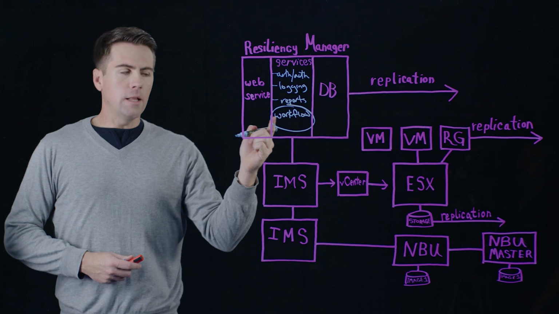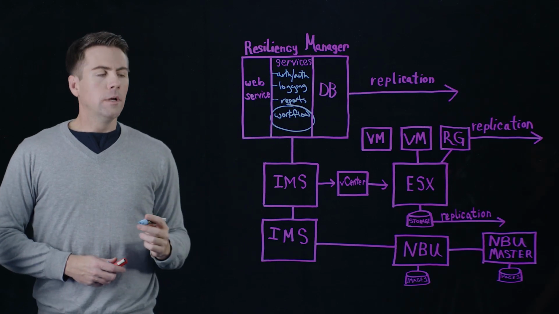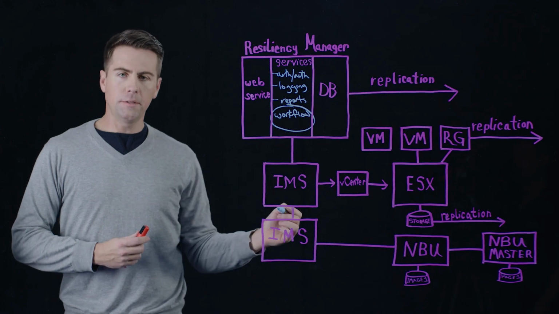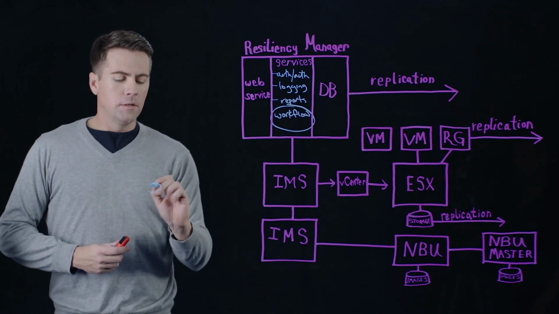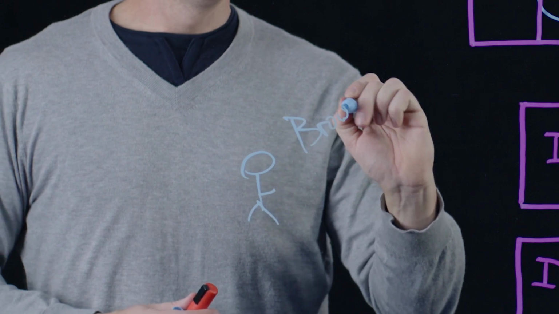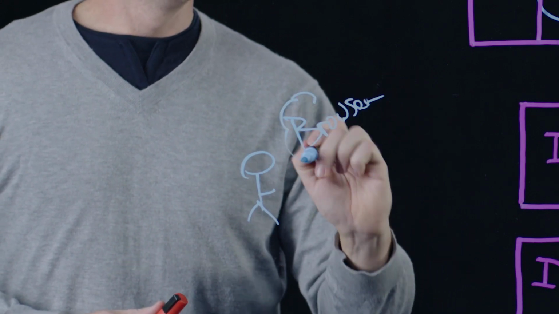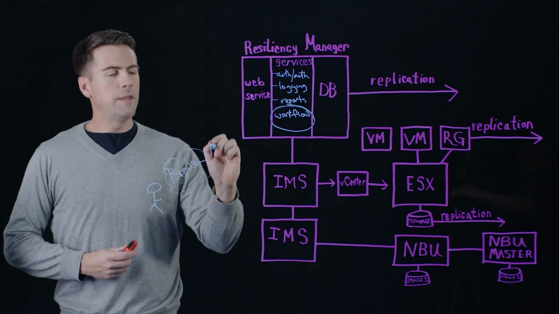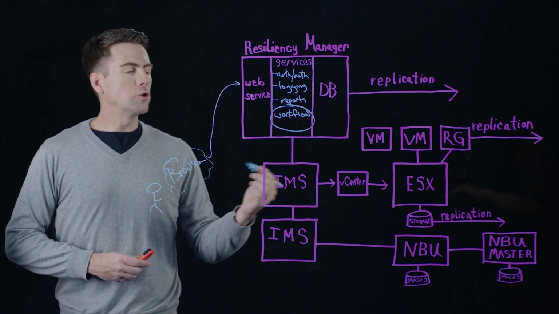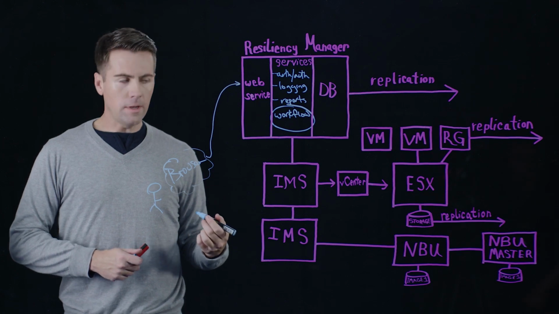So we'll look a bit more detail at what happens here with the workflow, but overall, how would we connect and how would the data flow within this system? So we would log on to a typical browser. We would then connect to the web service and the Resiliency Manager, which also manages our web-based user interface.